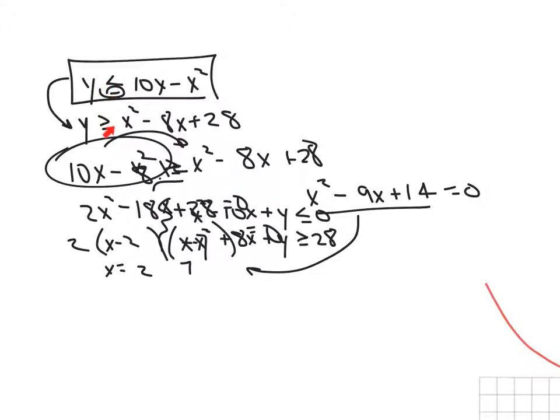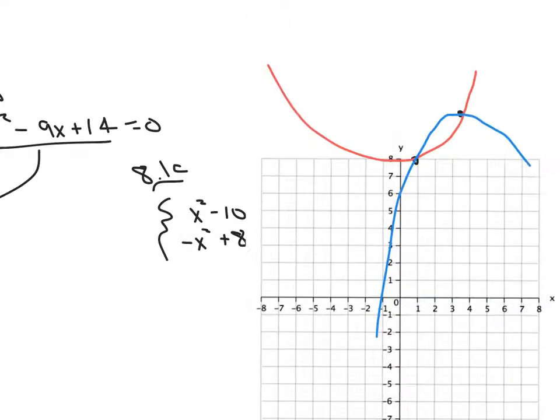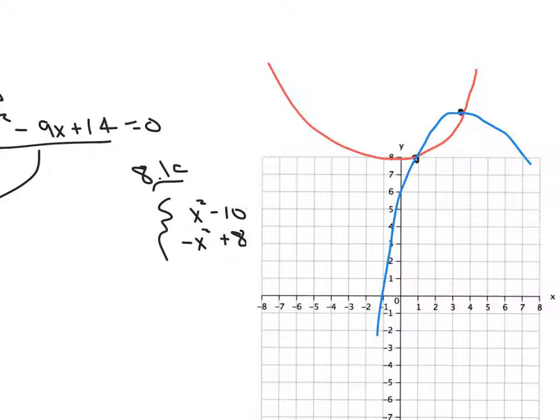Okay, so my greater than is going to be greater than this graph. Let me get it over here. The red is my greater than graph. And then my less than would be my graph that was 10x minus x squared, which is this one.